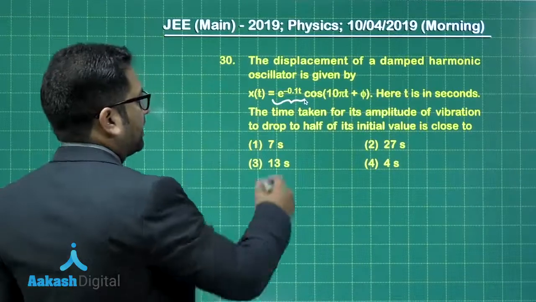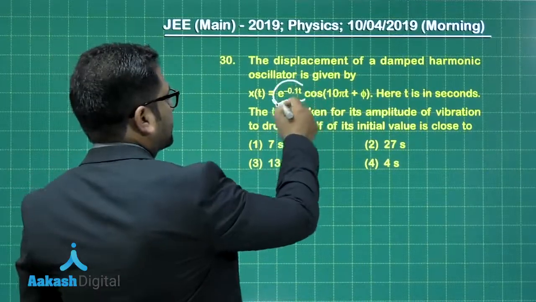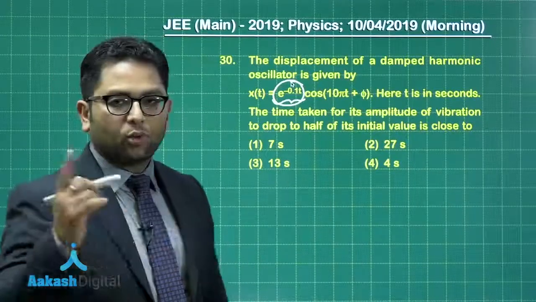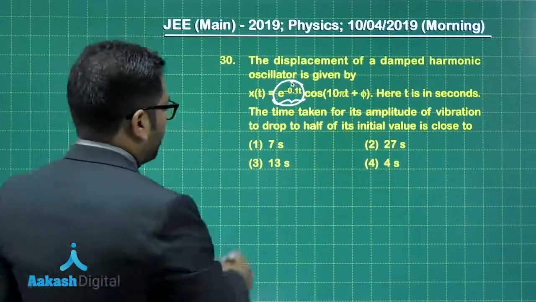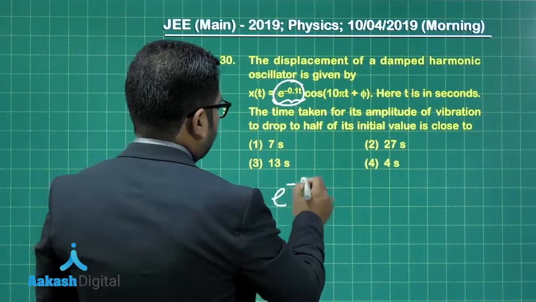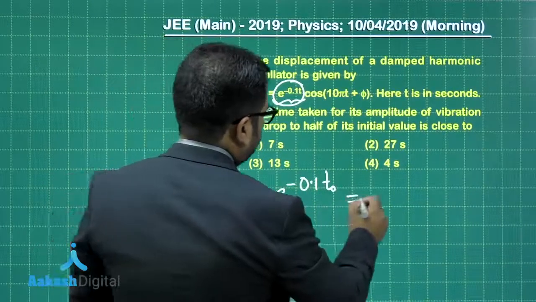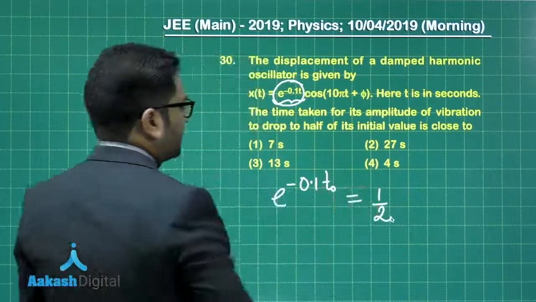That means, you see, the amplitude is this, and the initial amplitude is quite obviously 1, e raised to the power 0. We need to calculate that time, so let me call that time t naught, when the amplitude would become half.